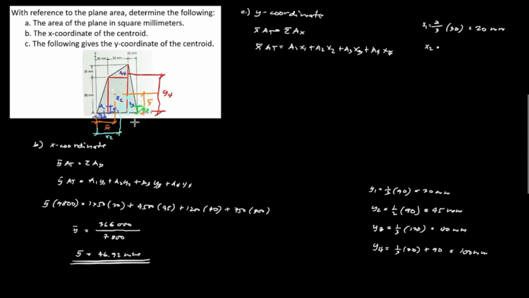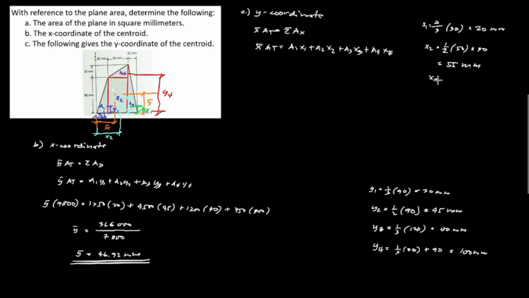X sub 2 is 1/2 of the base of the rectangle, which is 50, plus the distance from this point up to the y coordinate, or 30 millimeter. So 1/2 of 50 is equal to 25 plus 30, or 55 millimeter. So x sub 2 is equal to 55 millimeter.